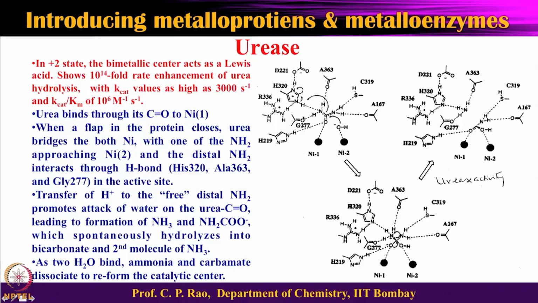Now you can see the urea molecule, once it binds, the CO is recognized by all these hydrogen bonds. I will tell the details in later slides, but take it for granted that a lot of hydrogen bonding interactions are going on, and this attack of the nickel bound OH of the second nickel would give you an intermediate like this.